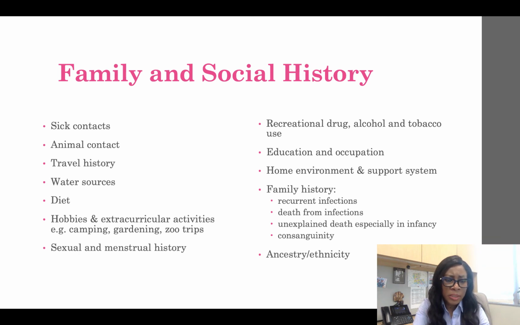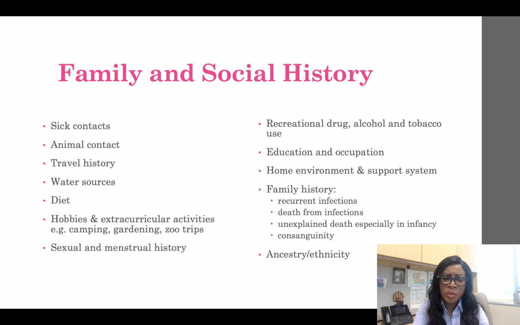Sexual and menstrual history, obviously important for determining if the teenager is at risk for a sexually transmitted disease. The menstrual history helps you determine what the LMP is, as this may be an indication that the female adolescent or teenager may be pregnant.